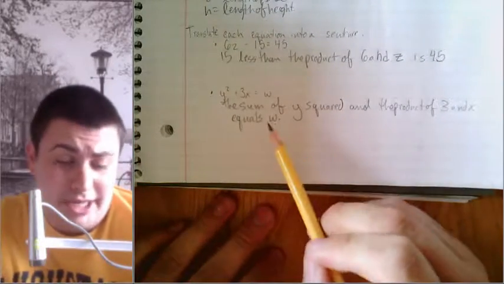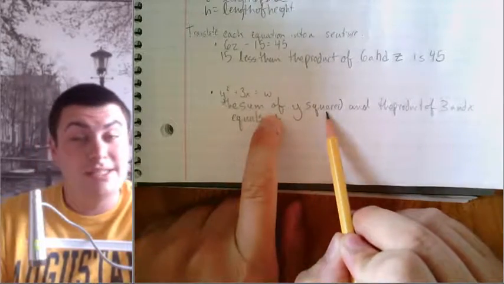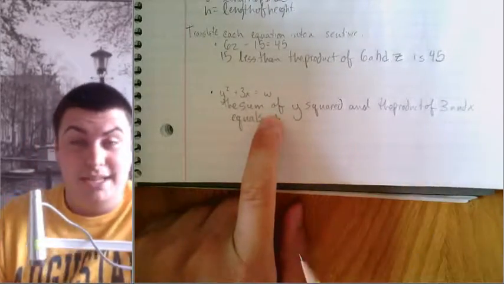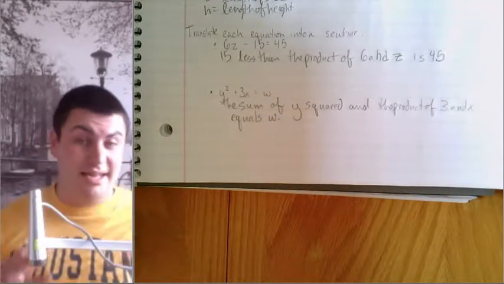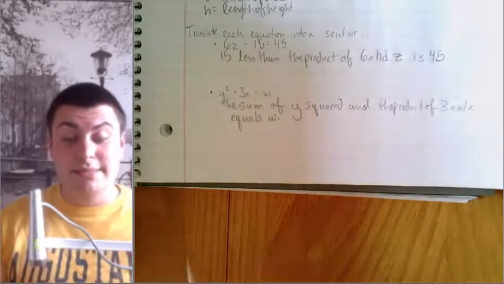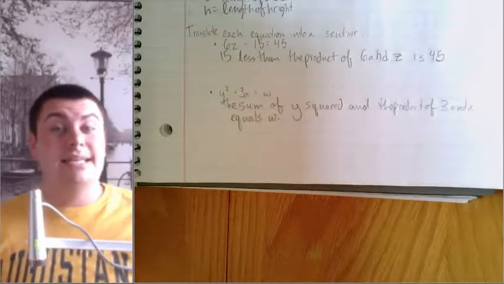We do have to be careful when we say the sum of, we're then waiting for two quantities. One of them is y squared, and the other one is the product of 3 and x. Be careful when you do the sum of, the product of, and things. But we were clear here and we said the sum of y squared and the product of 3 and x equals w.